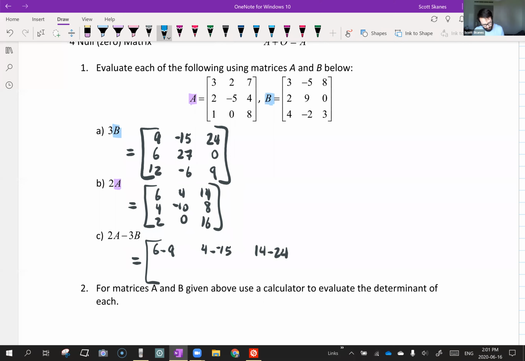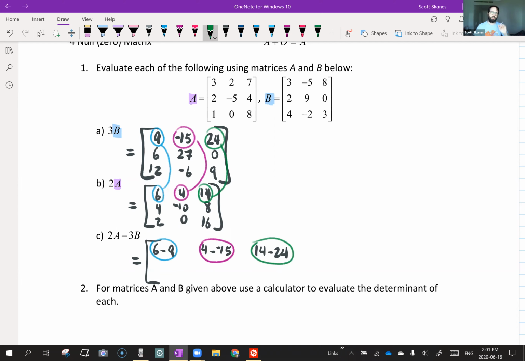So to be clear, 2A minus 3B, it's this element minus this one, goes here. 4 minus negative 15 would go here. 14 minus 24 would go here, because we're relating each position to each other.